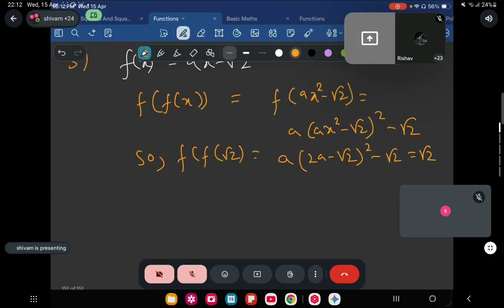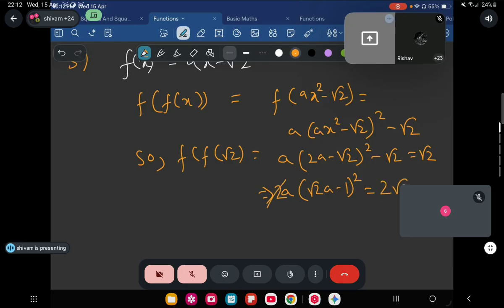Okay. So from here, what are we getting? Root 2 and root 2. Okay. Root 2 will go to right side. That will become 2 root 2. So a into, taking root 2 common outside, we will get a into 2, okay, within brackets, root 2a minus 1 whole square is equal to 2 root 2.